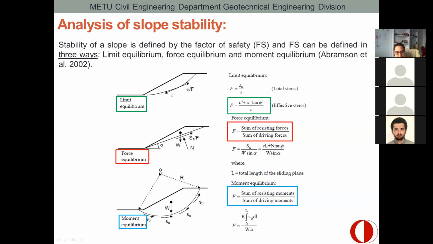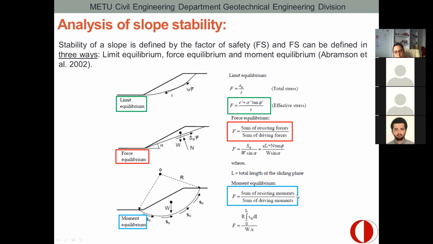So we take the moment with respect to point O. Here, again, weight is the driving force, but I'm going to calculate the driving moment with the moment arm. And then here, the shear strength or the friction is the resisting force. I'm going to calculate the resisting moment with respect to point O, and one divided by the other is called the factor of safety.